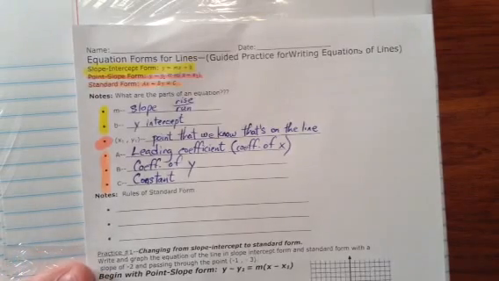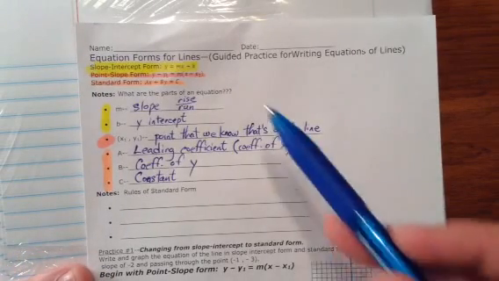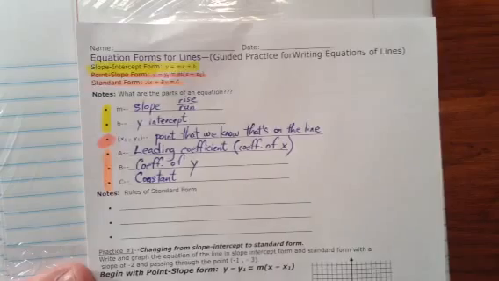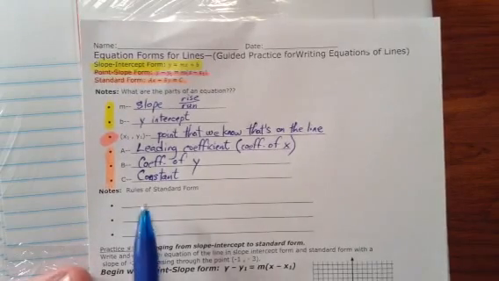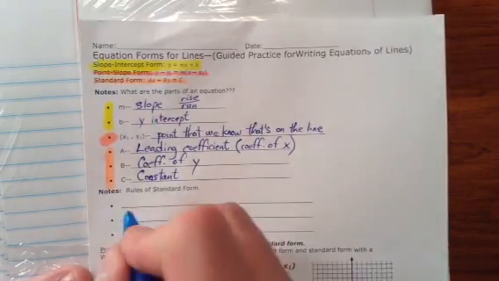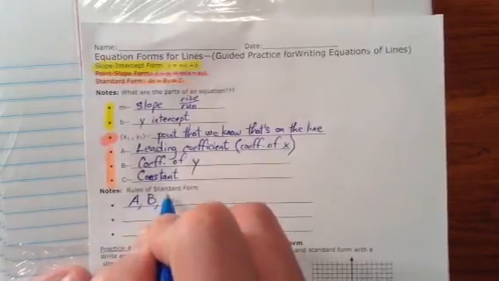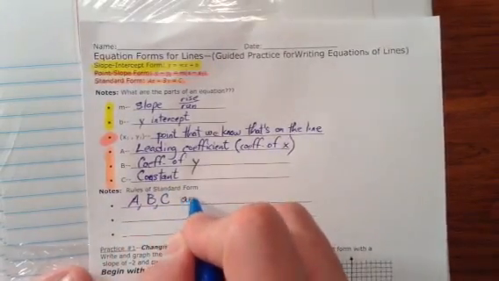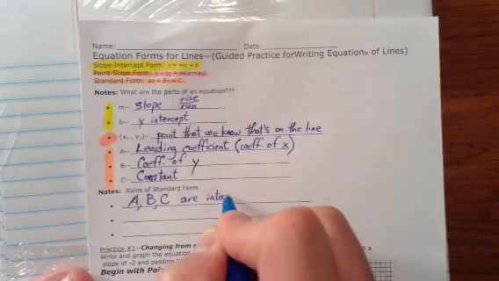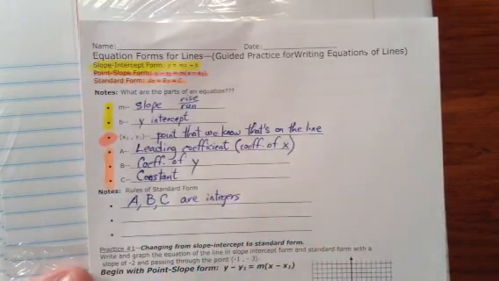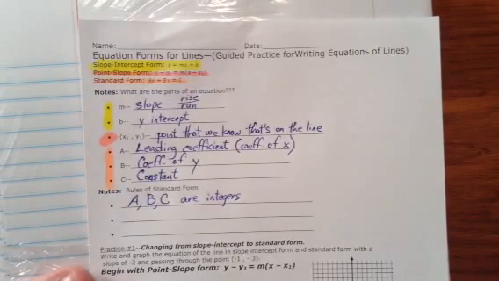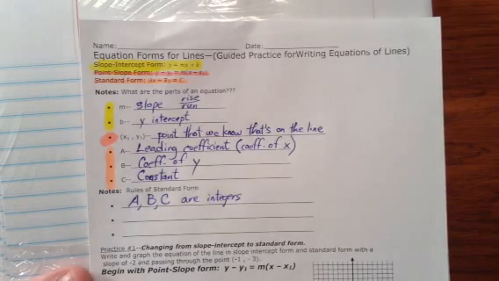All right, so if you need to pause and catch up with me, go ahead and do that. Otherwise, we're going to go. All right, there's some rules for standard form. Okay, the numbers A, B, and C are integers. Remember, integers are whole numbers and their opposites. Take a look at the red number line in the classroom. If you've forgotten what the integers are, it's the red dots on that number line.